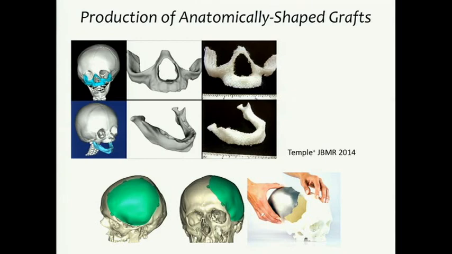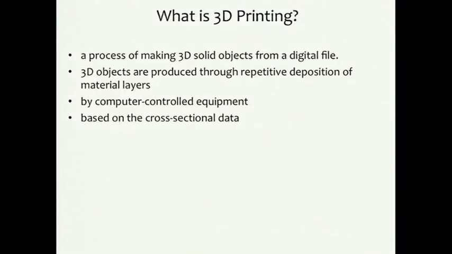This is also an example from a skull problem where we can produce an anatomically shaped piece to go into the defect.